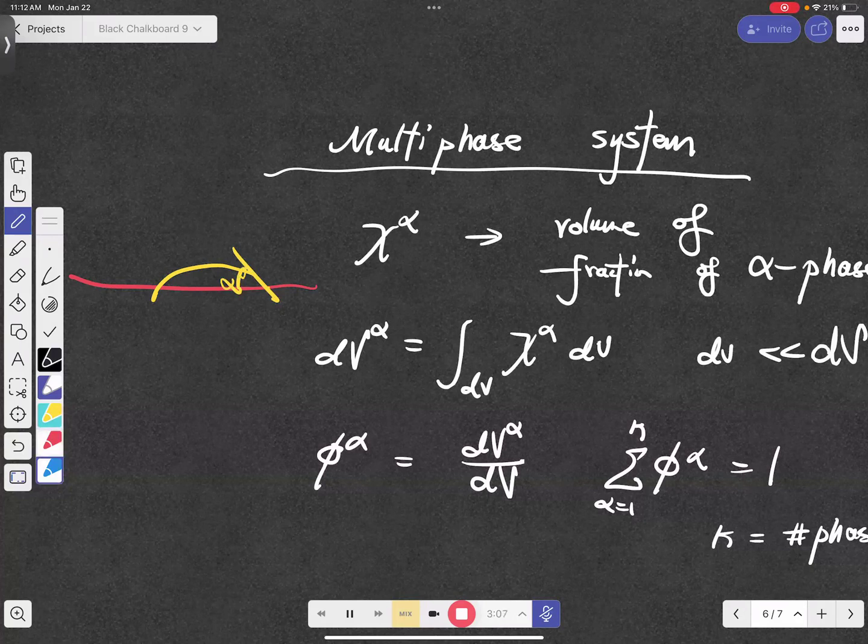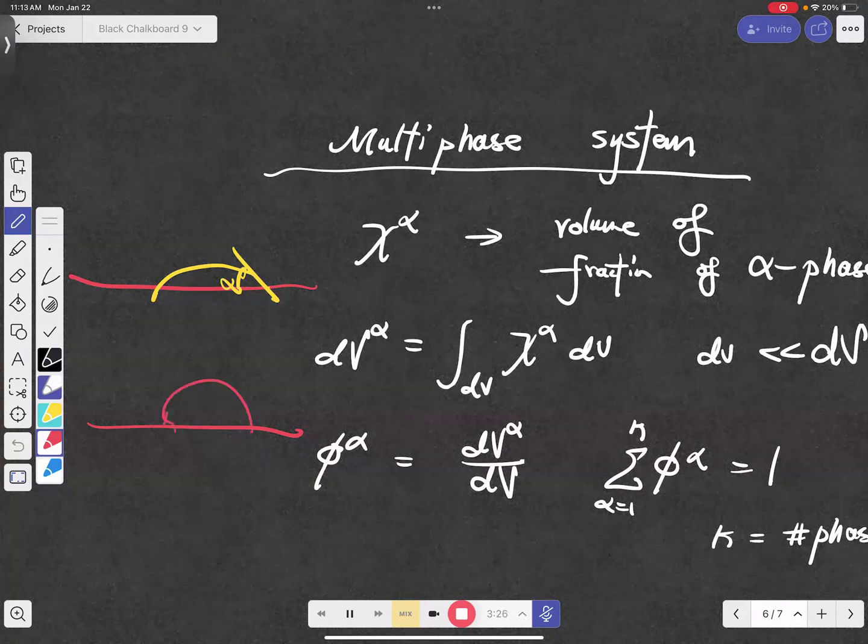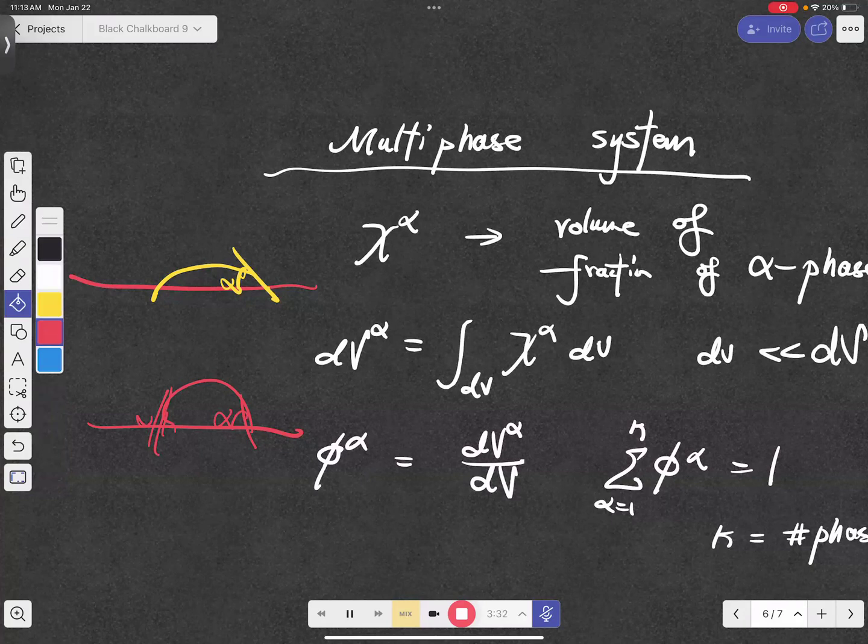Now if I have the same surface, but I put an oil there, I may get a different contact angle. Or if I put a fine water, or a different cooking oil, I may have a different contact angle. So why is that? This is the liquid phase, and this is the solid phase.